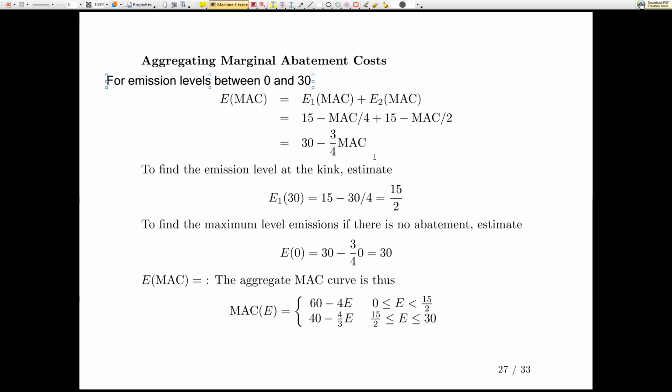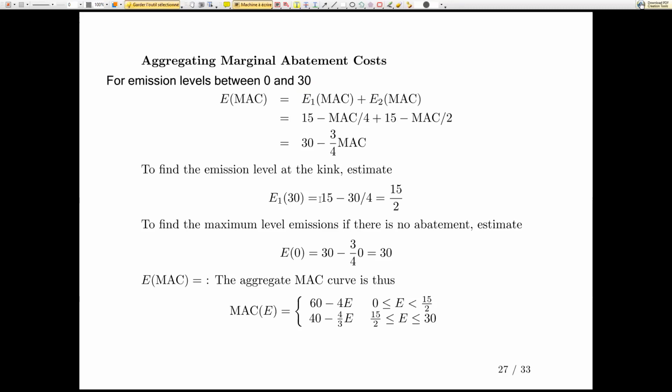And then what I want to find is at which point I get this kink there. I know that the critical MAC is 30. So what I have to do is look at the emissions of firm 1 at 30.